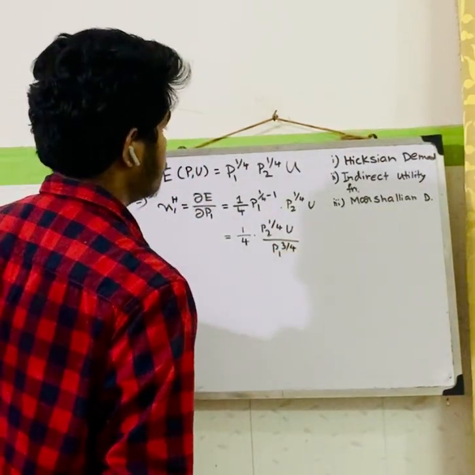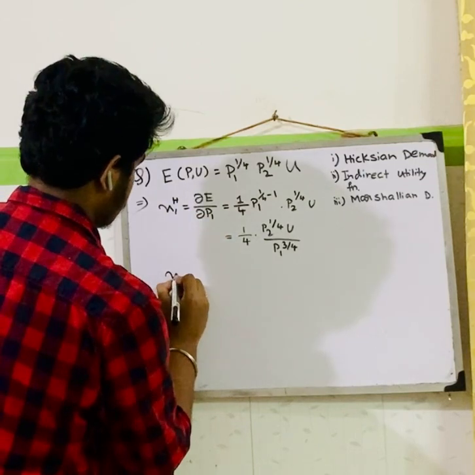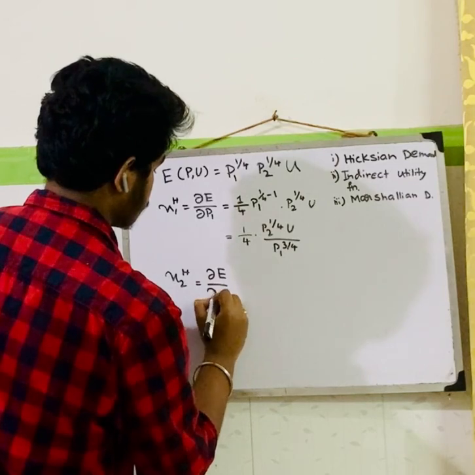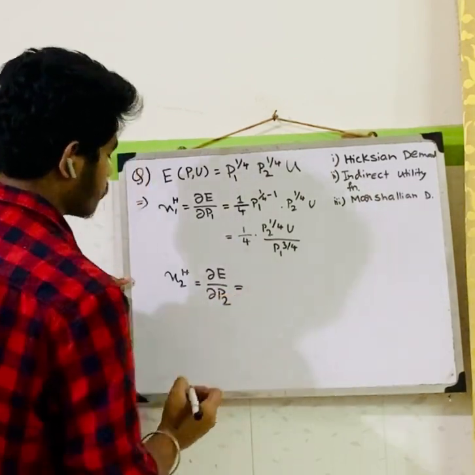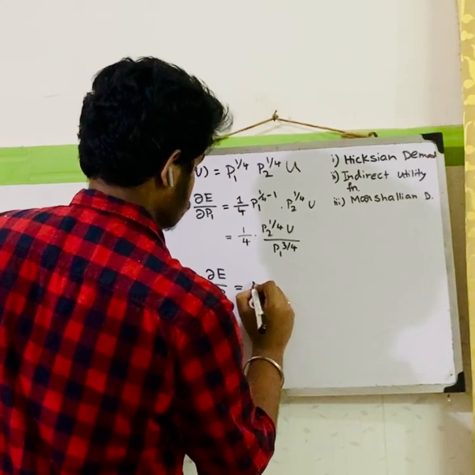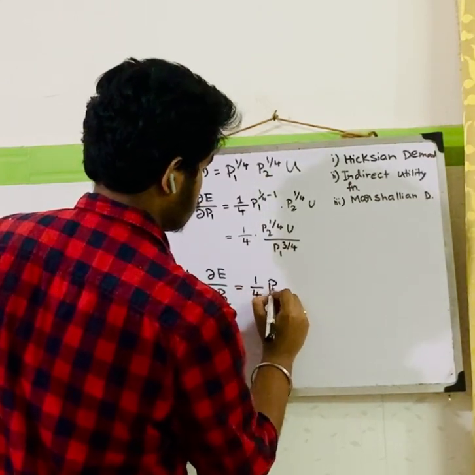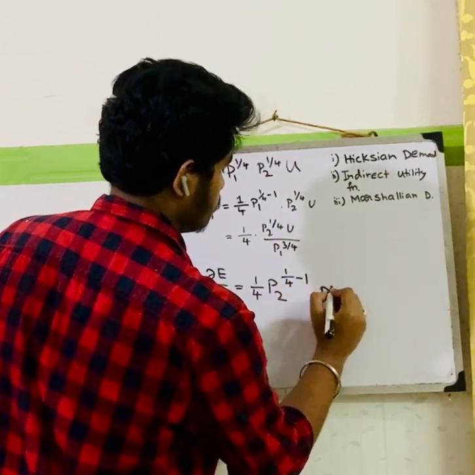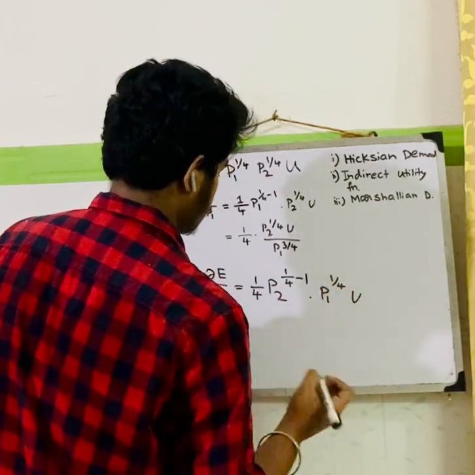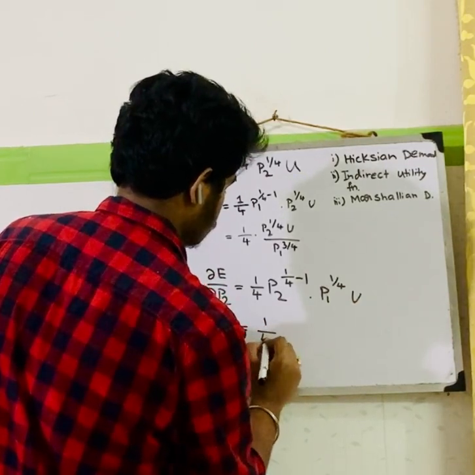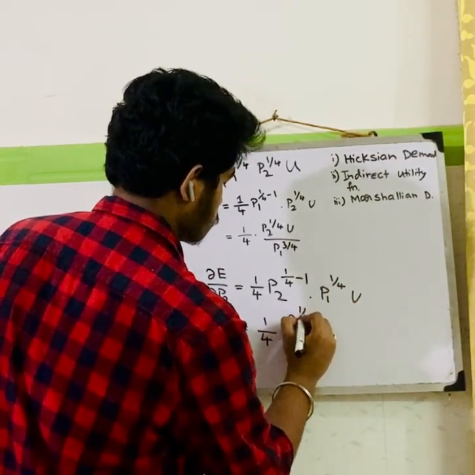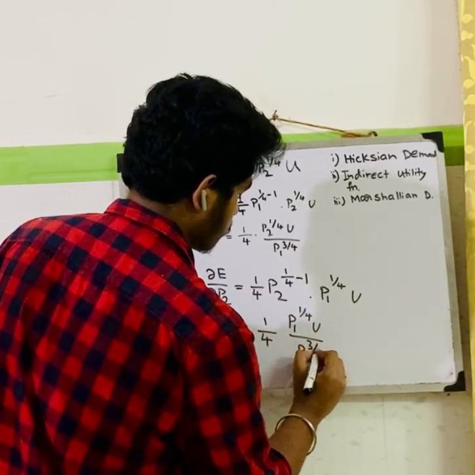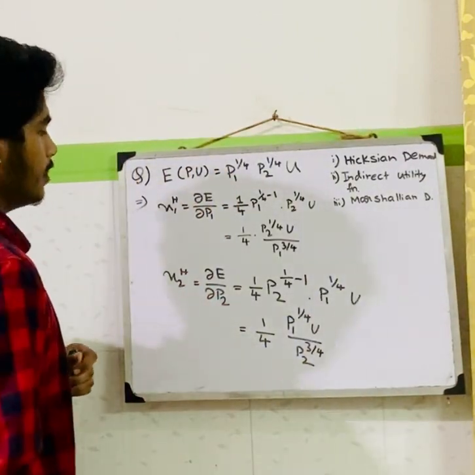So this is our Hicksian demand for x1, and x2 Hicksian demand will be 1 by 4 P2 to the power 1 by 4 minus 1 into P1 to the power 1 by 4 U. So it will come to, right.